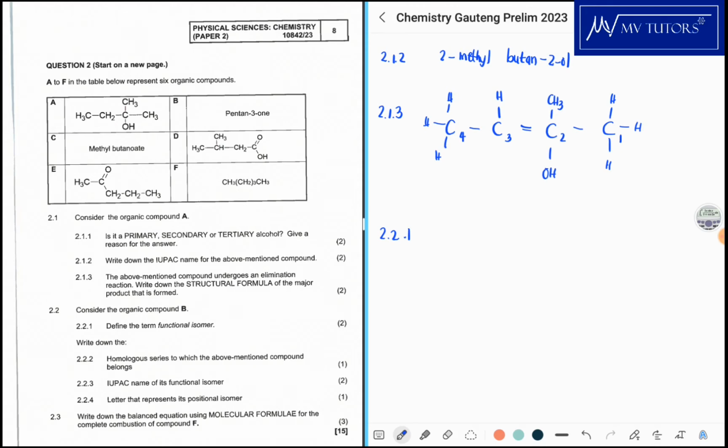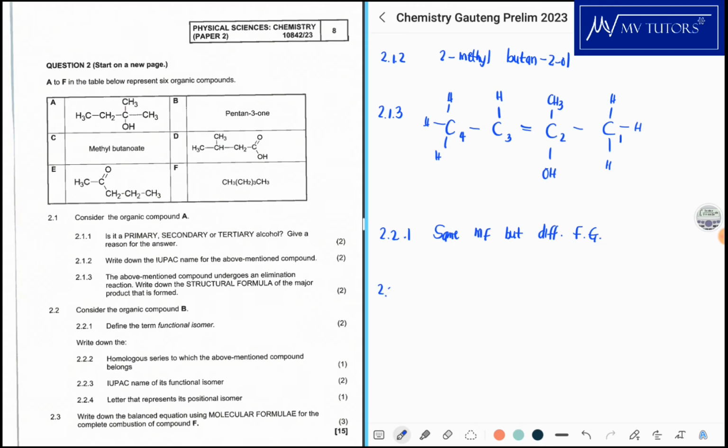If you know what an isomer is, remember, we have organic compounds that have the same molecular formula. A functional isomer has the same molecular formula but different functional groups. Let me just summarize: same molecular formula, but different functional groups.